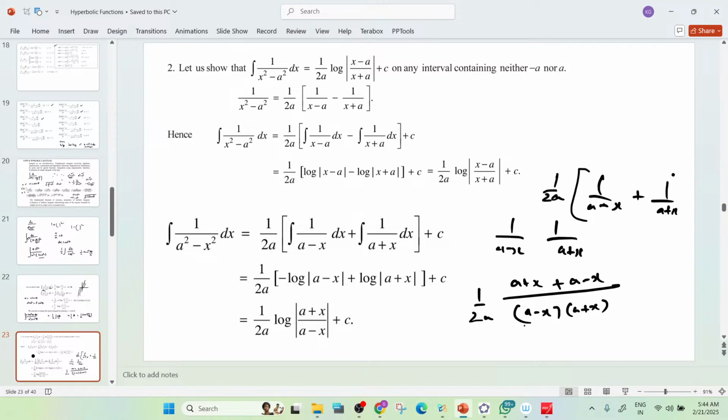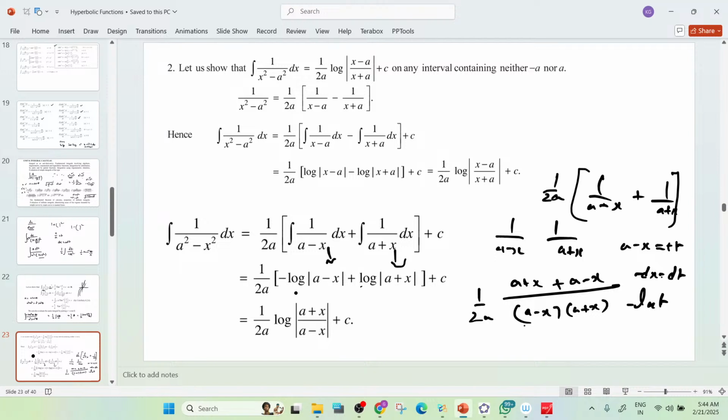So this you can directly integrate. For 1 by a minus x, assume a minus x as t, then minus dx is dt, and this gives minus ln t. You know how to integrate this.